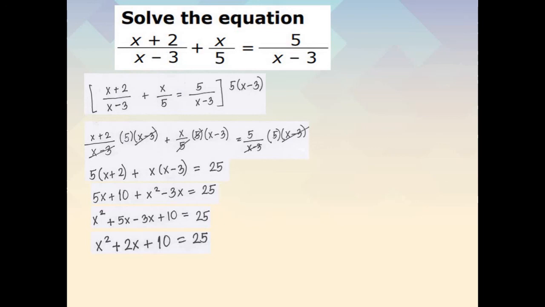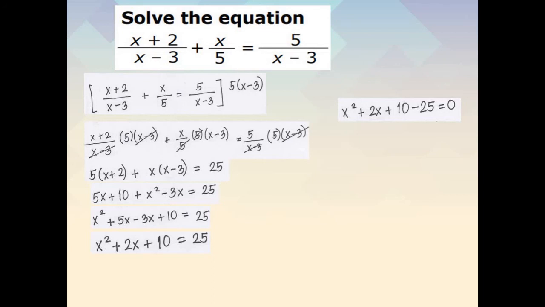So notice that this equation is in the form of a quadratic equation. We shall now subtract 25 from both sides of the equation because it is the process of solving a quadratic equation.